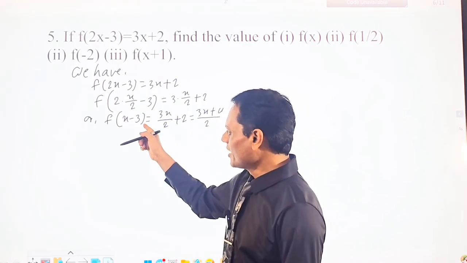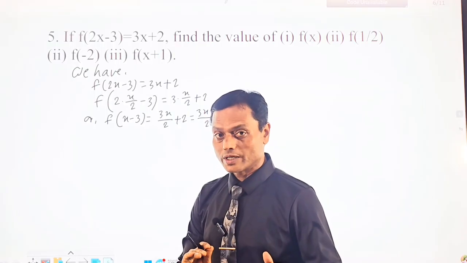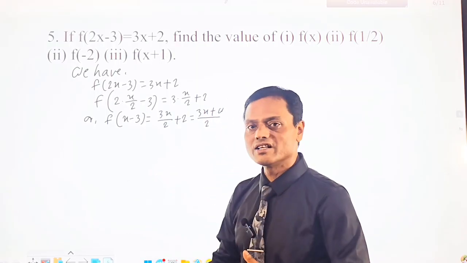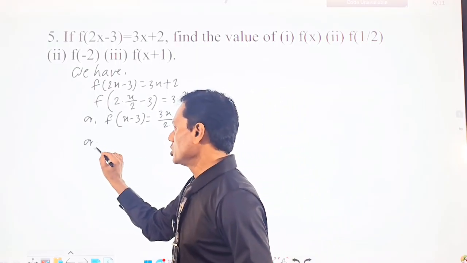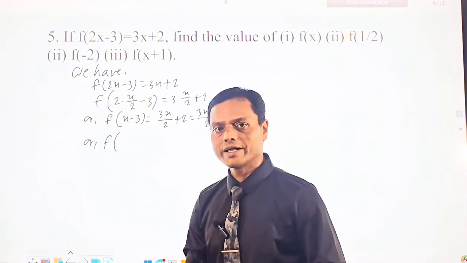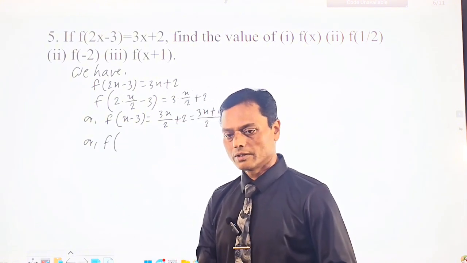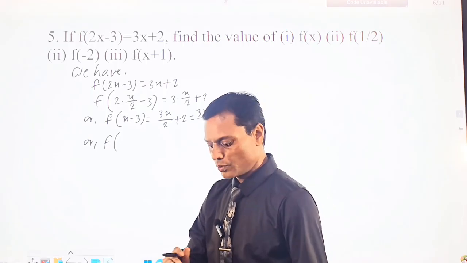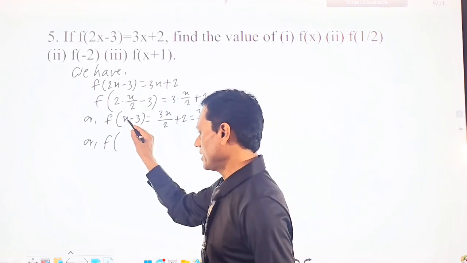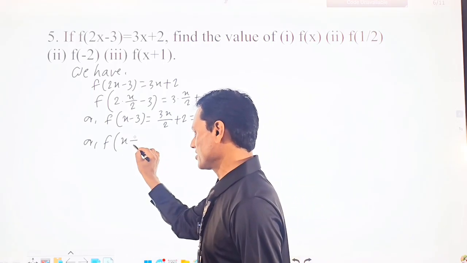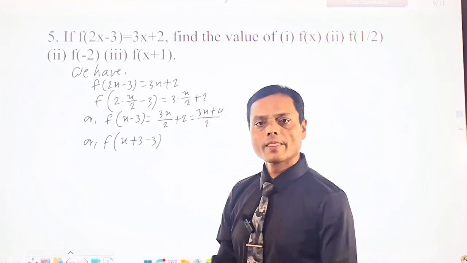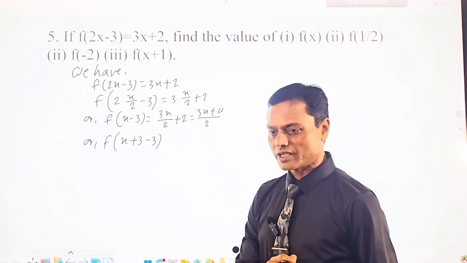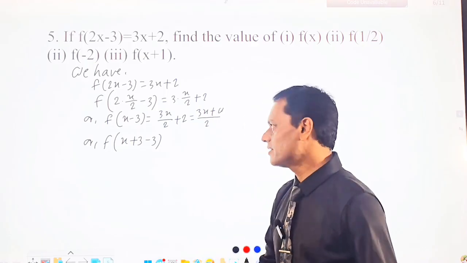After that, we are going to remove minus 3 as well, right? So to remove minus 3, I am going to replace x by x plus 3, eliminate x and put x plus 3. So in place of x, I can write here x plus 3. What we do at the left hand side, we have to do accordingly at the right hand side as well.